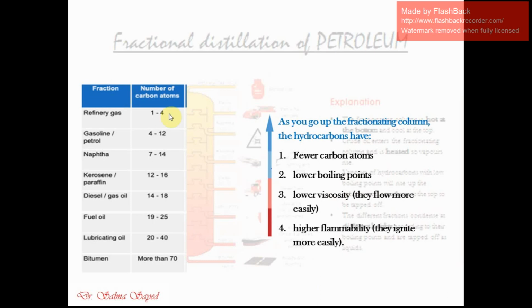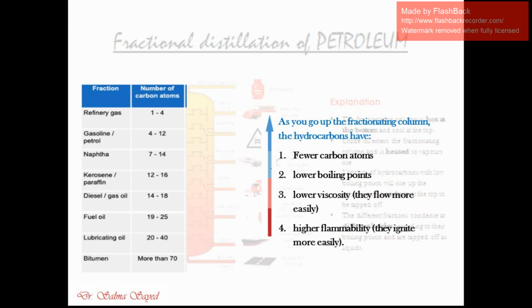So this is basically a summary of what we've said so far. In recap, I need to be familiar with all the uses. I should also know the order of their separation. So you should know that refinery gas is separated before gasoline, before naphtha, and so on. So the order is very crucial. Going up the column, they're getting smaller in size with fewer carbon atoms, hence lower molecular masses.